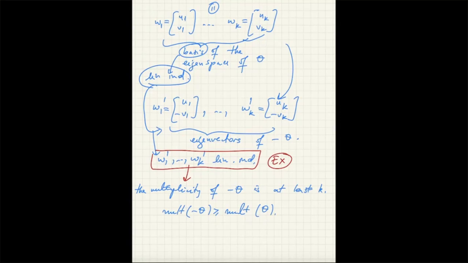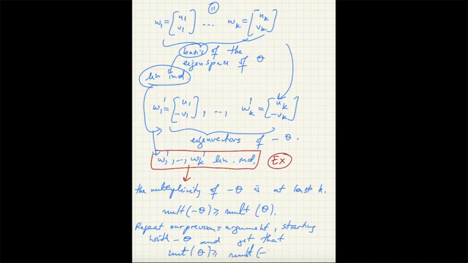But we can repeat our previous argument, switching and starting with minus theta. And we get that the multiplicity of theta is greater than or equal to the multiplicity of minus theta. So from here, you get that the multiplicities are equal.